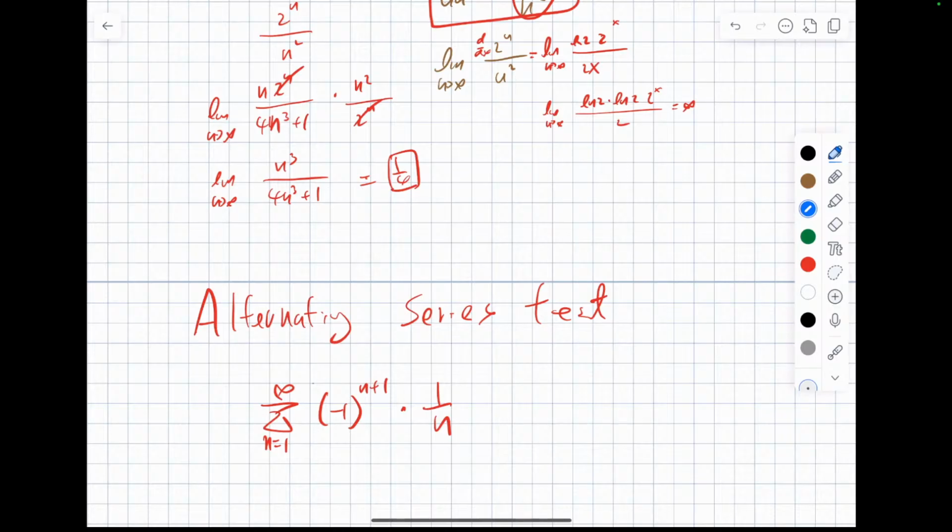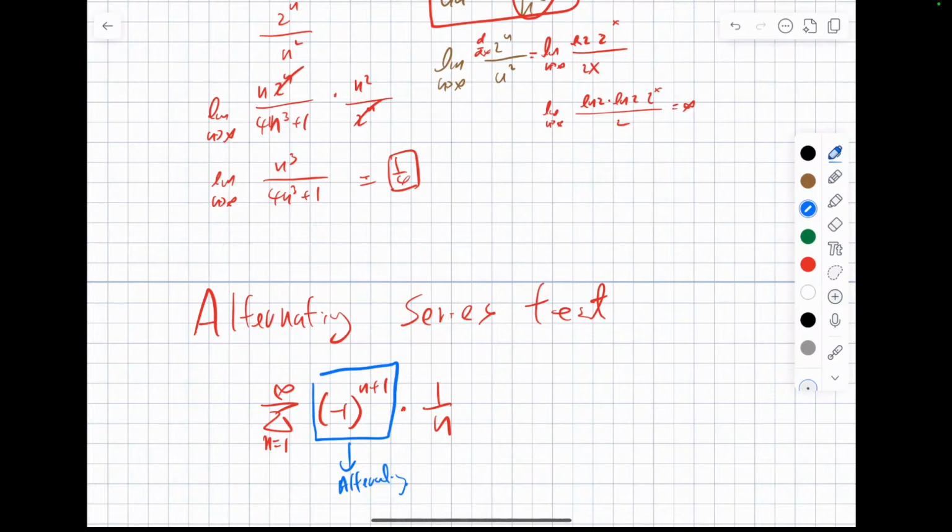What is alternating here? This, right? So this is the first requirement to use AST. It has to have -1 to the n plus 1 or -1 to the n. As long as they're alternating, it's fine. It doesn't matter which starts first. Usually you start first positive, but you can start with negative. It's okay? So that is the first condition to use the alternating series test.